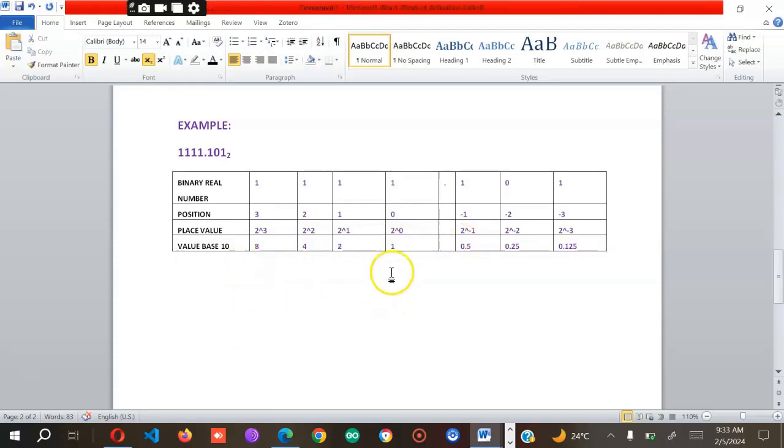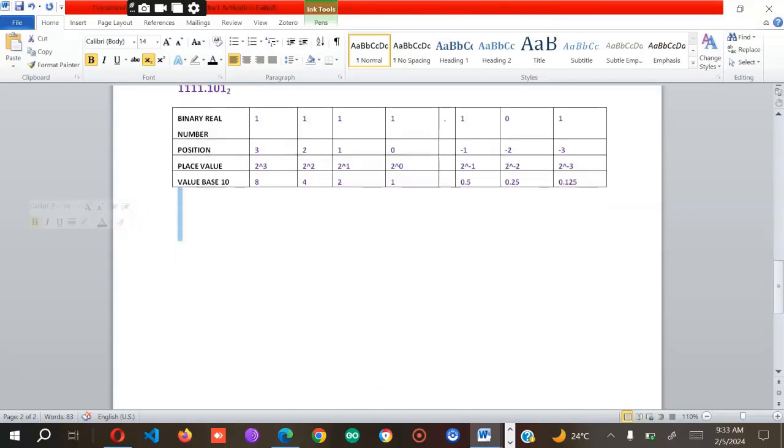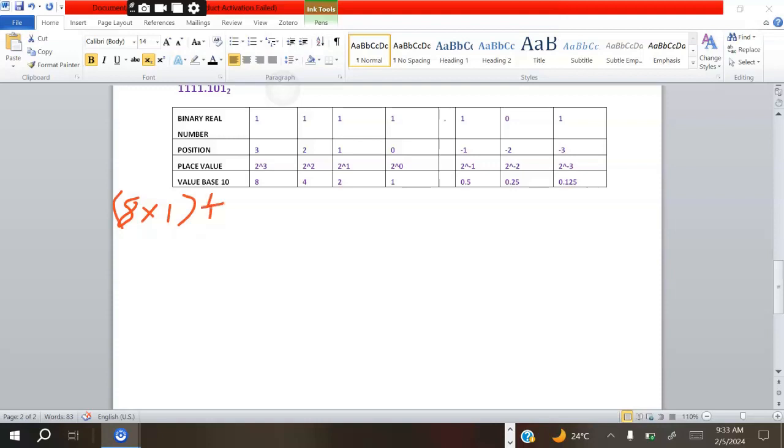So having done that, the next step is to expand. So I will multiply 8 multiplied by 1 plus 4 multiplied by 1 plus 2 multiplied by 1.